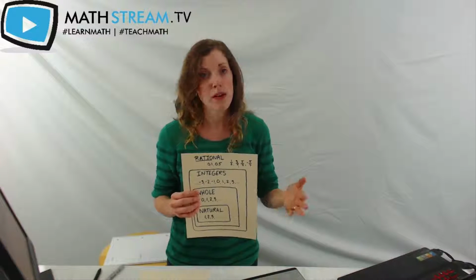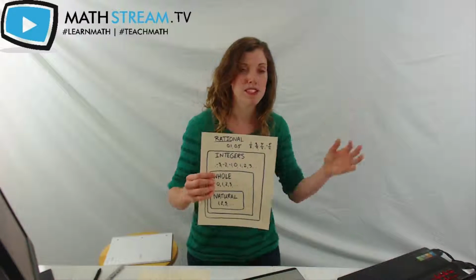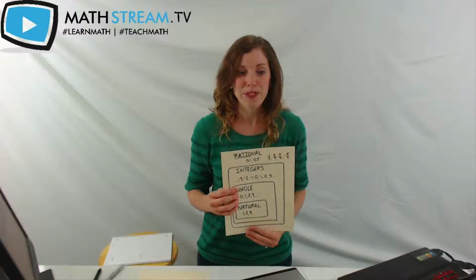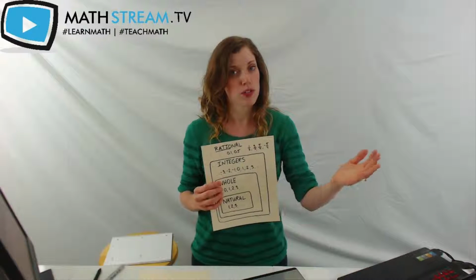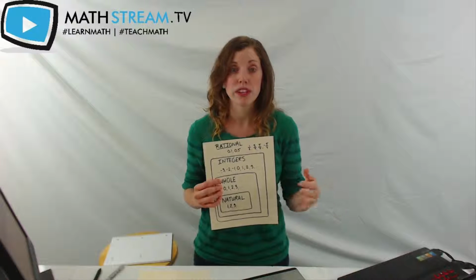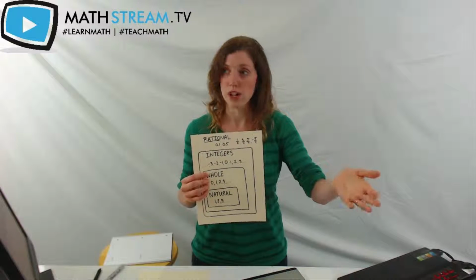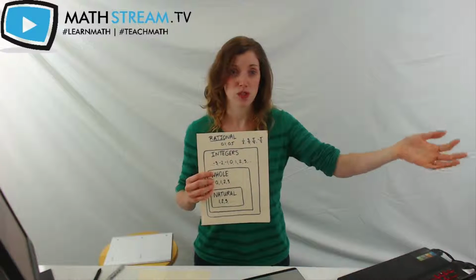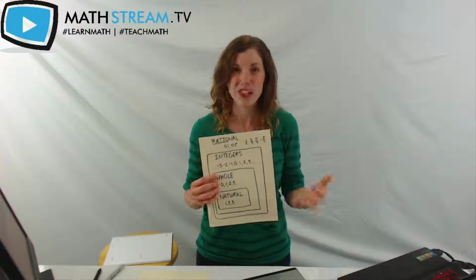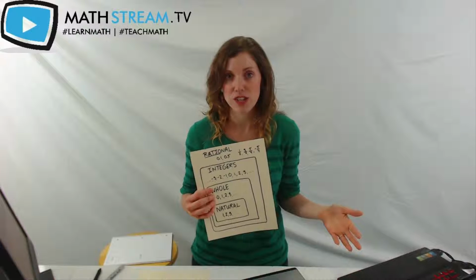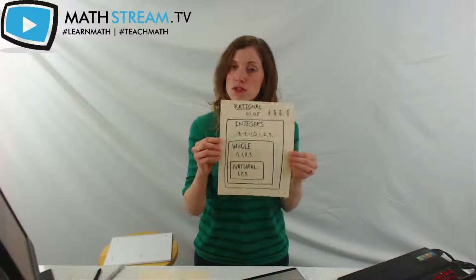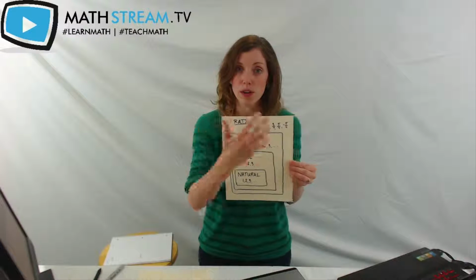Also, if you ever play around with your calculator and try to divide 1,000,000 times and multiply by the square root of 5, and then all of a sudden you come up with this crazy long number that just keeps going, 0.7295364, whatever, and it just keeps going. There's no way to write that number as a ratio. That is not a rational number. So what do we do? That doesn't fit within this category of numbers anywhere.